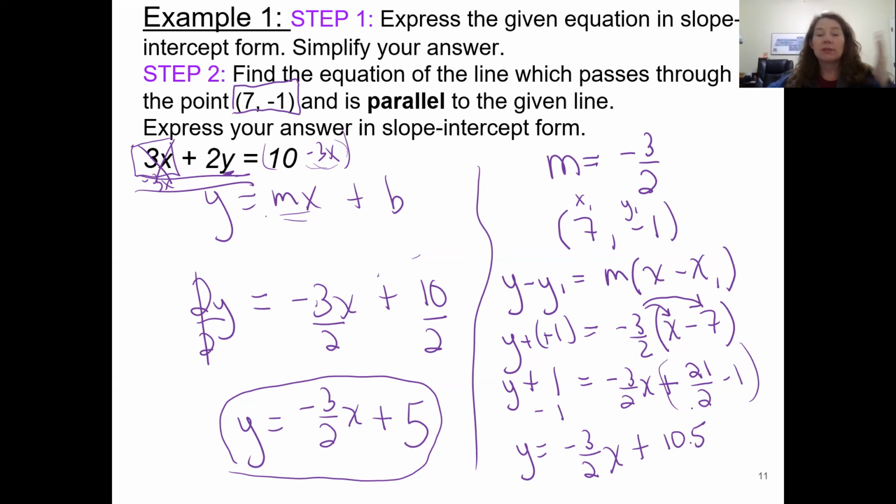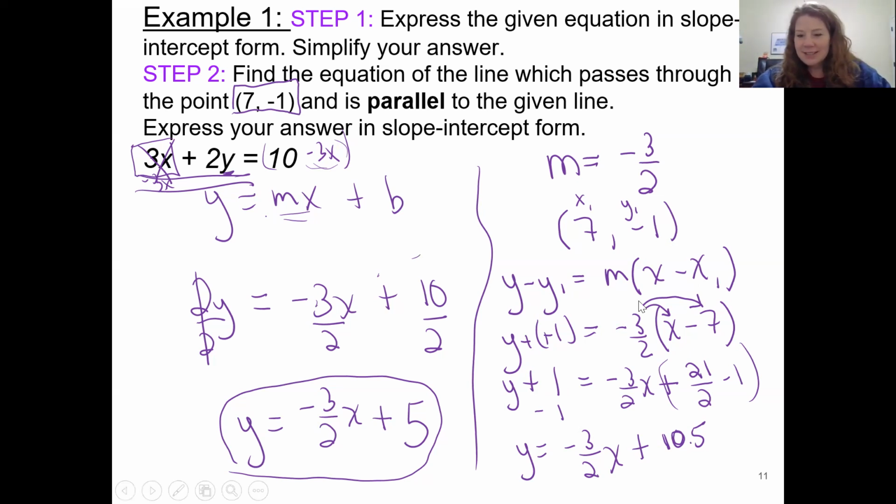Oh, no, it would be 19/2. I'm going to stop right now. But anyway, we know that 11.5 minus 1 is 10.5.